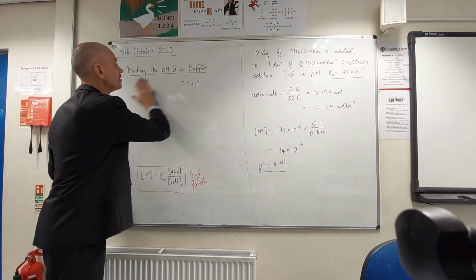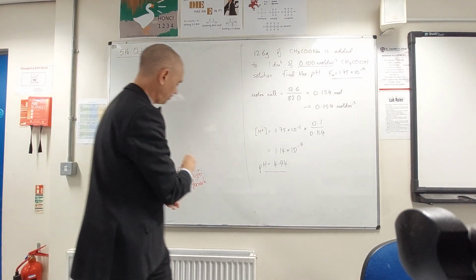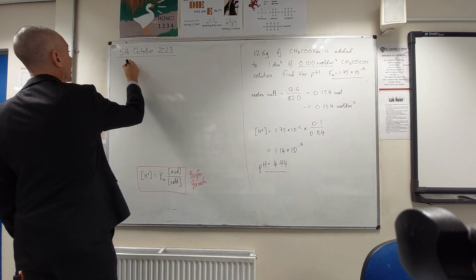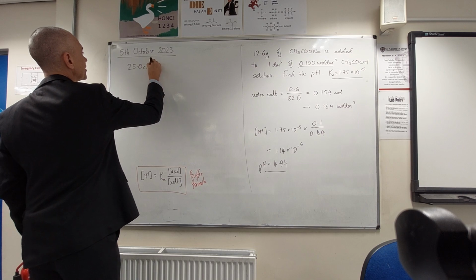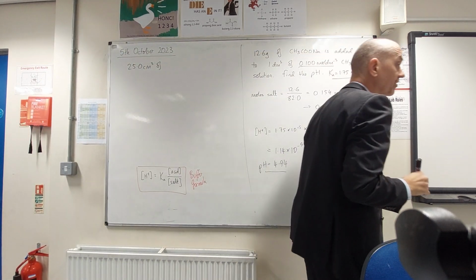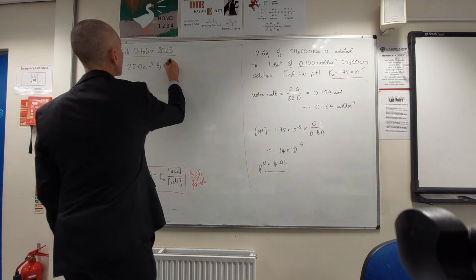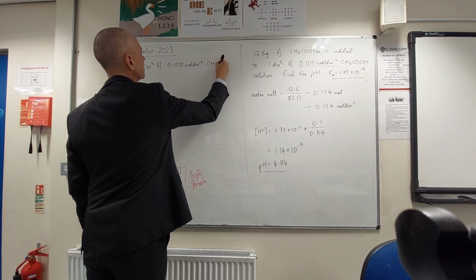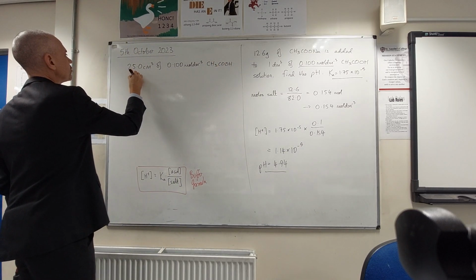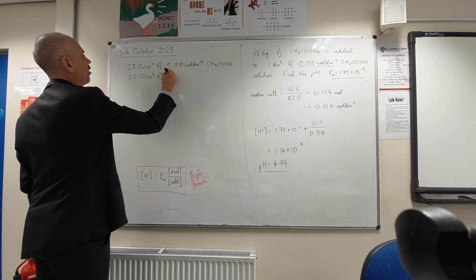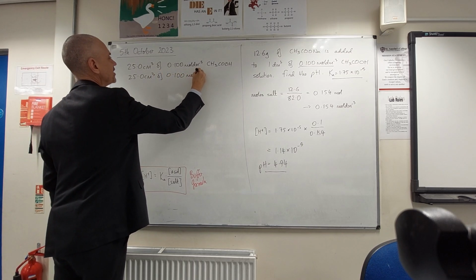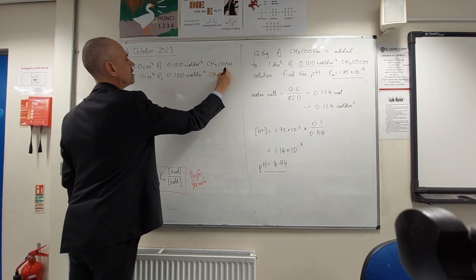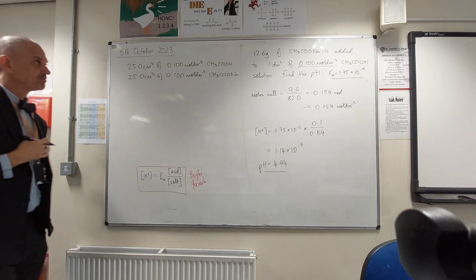Leave my buffer formula there and do another example. Calculate the pH formed when we add 25 centimeters cubed of 0.1 mole per dm cubed ethanoic acid to 25 centimeters cubed of 0.1 mole per dm cubed sodium ethanoate.